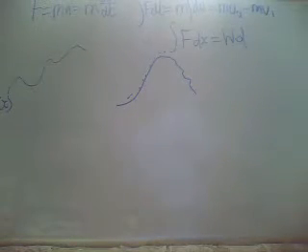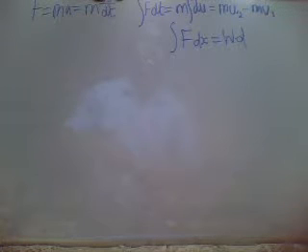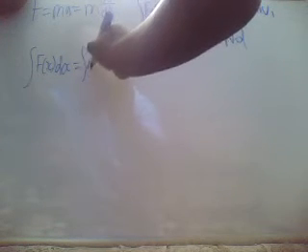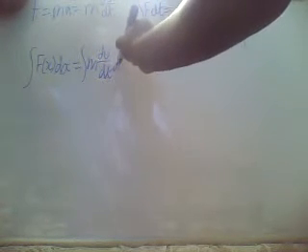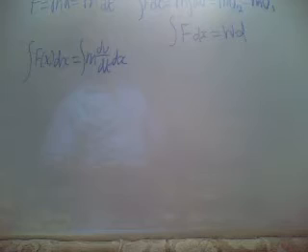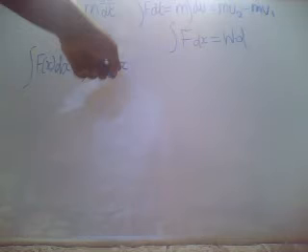Force integrated over the space x is equal to, let me cross this out so we have more space. So the force integrated along the path is equal to, we substitute our force, m du dt dx. So du dt is obviously the a, and f is equal to ma, Newton's second law, times dx, which is the integration over space.